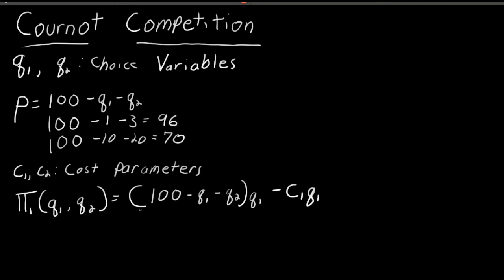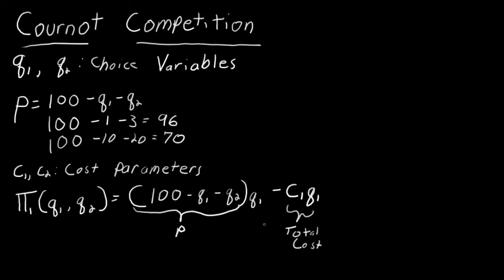Remember, this term is the price, this is the quantity, and this is going to represent total cost. A firm's profit is the price times the quantity, which is known as the revenue, minus its total cost. Firms would like to maximize this. Firm 1 is going to maximize this, and firm 2 is going to also maximize its profit function.